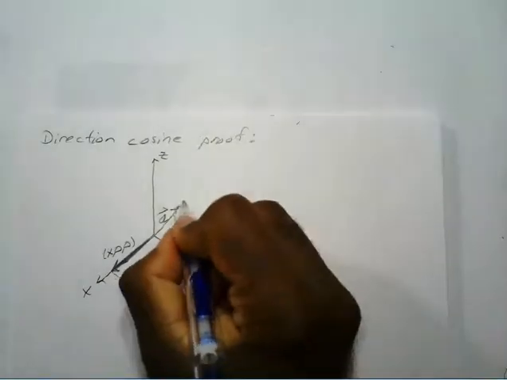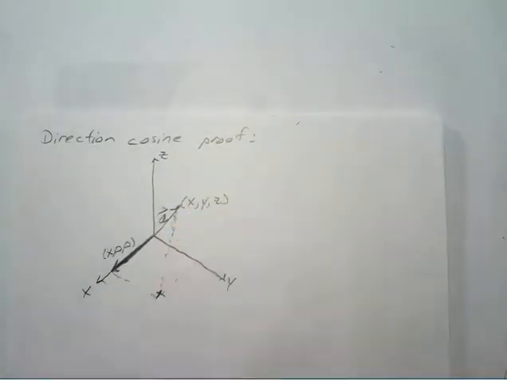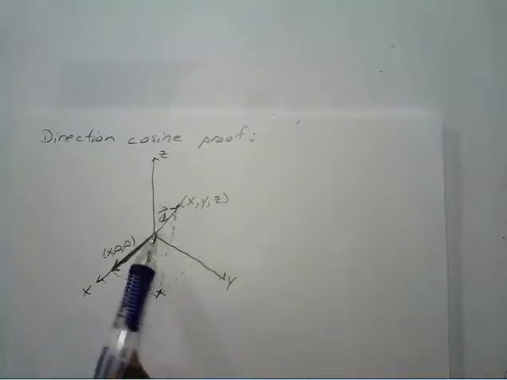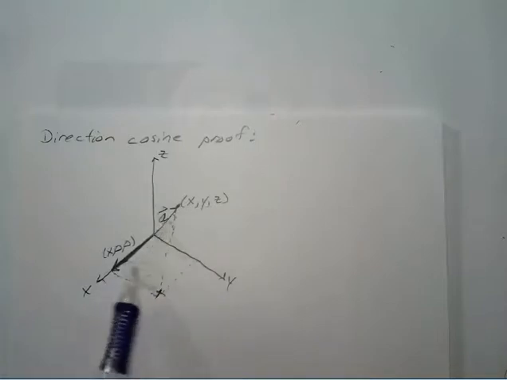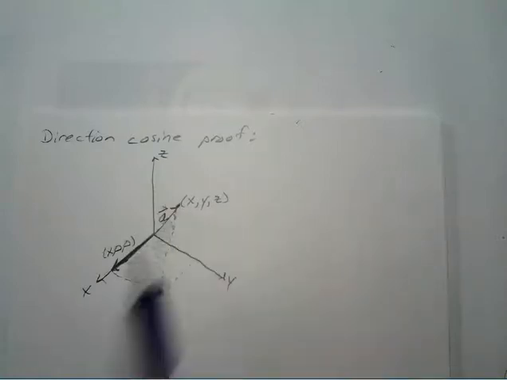Okay, now at this point, this is our point, x value, y value, and z value. Okay, so we're going to pay attention to just this portion of it. We're going to forget that part.